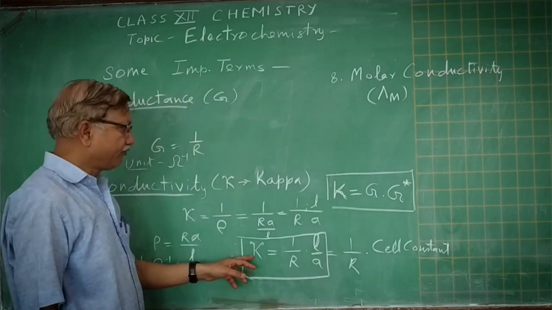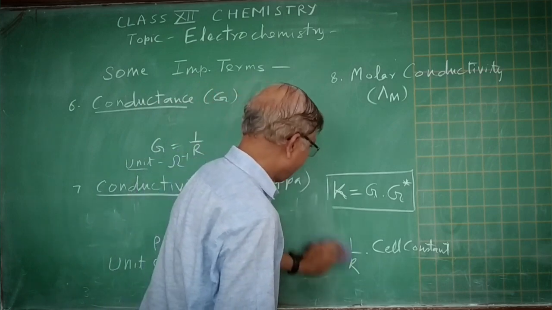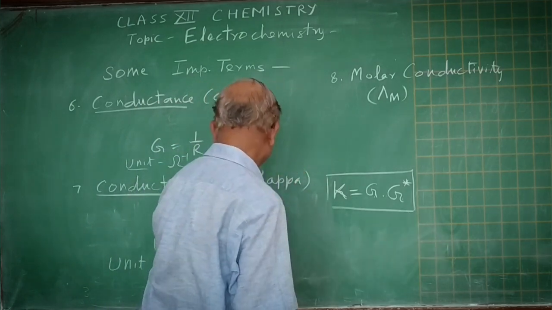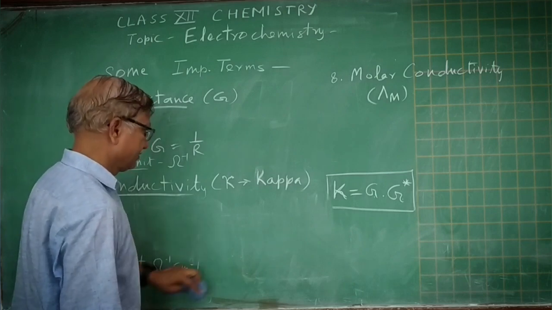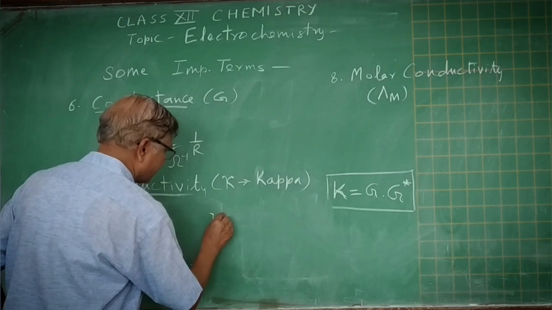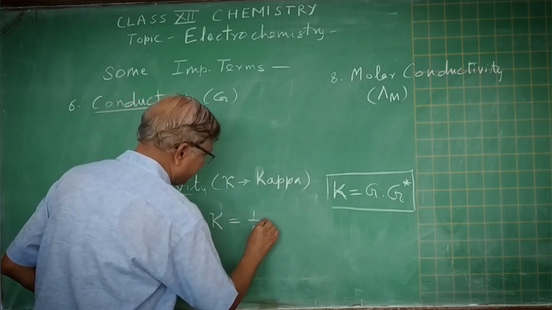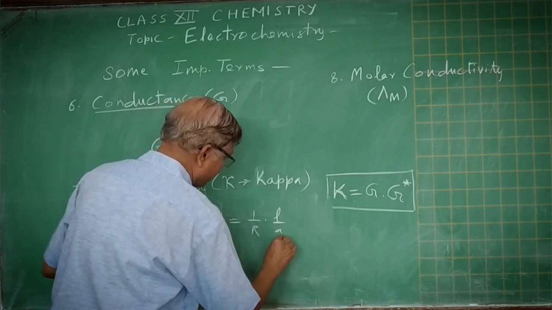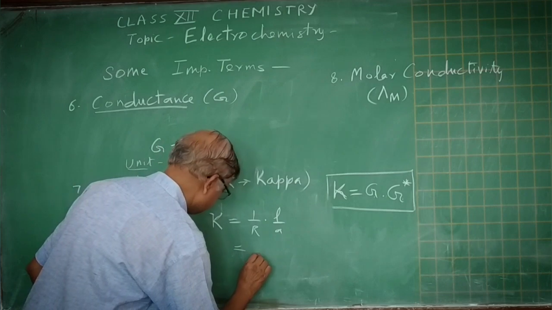The unit of kappa, we derive the unit from the formula. Kappa K equal to 1 upon R into L upon A. 1 upon R means per ohm.